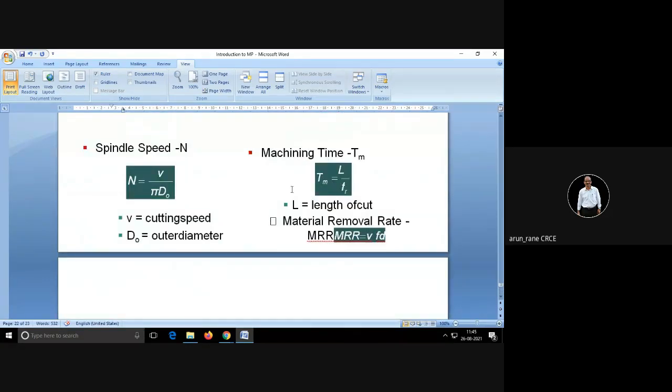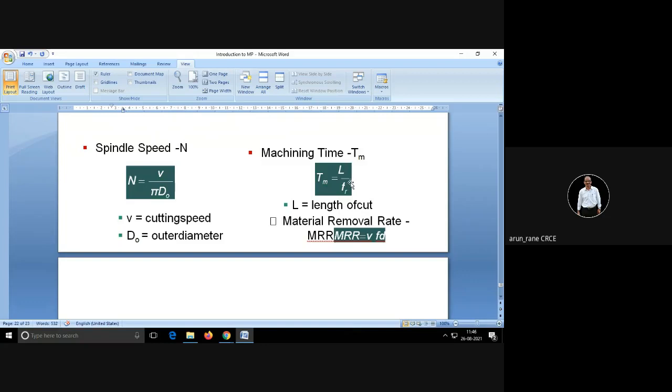So this formula is based on the velocity, like how to find out the machining time. You must know what is the total length and divided by the feed rate. Now you have to take care of the units. Let us say if this length is in millimeter, then feed rate also should be in millimeter per minute.